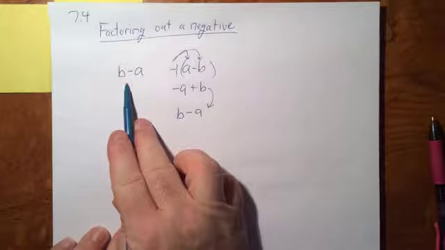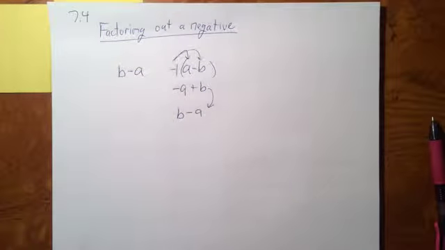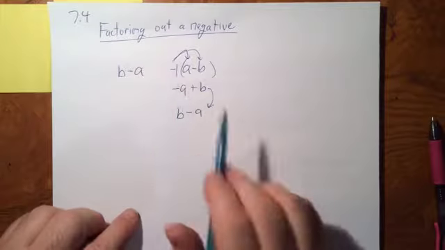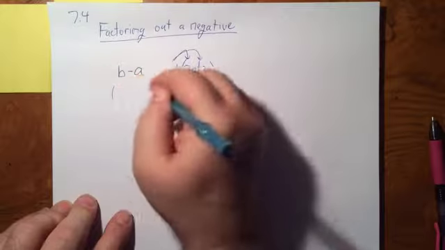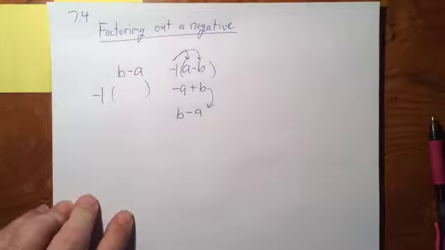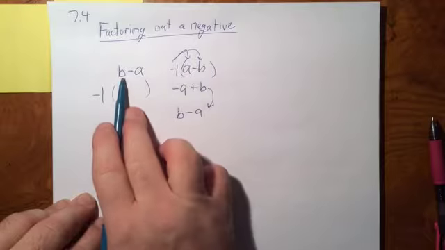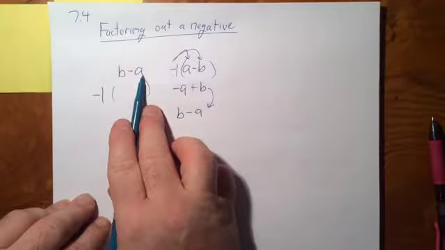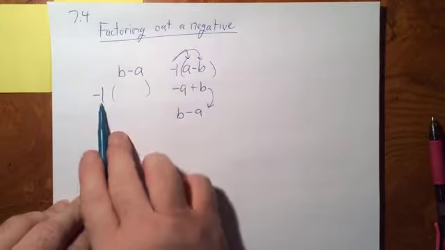So what I'm going to do with the expression b minus a is go in the opposite direction. Instead of multiplying negative 1 through this to get b minus a, I'm going to factor negative 1 out. Factoring a negative 1 out has the net effect of switching the sign of everything on the inside, much like when you multiply through by a negative 1, it switches the signs.